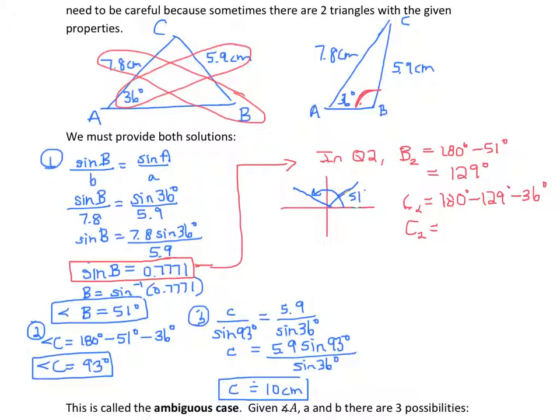So in that second triangle, C would be 15 degrees. Okay, so now we've got B is 129 degrees, C is 15 degrees.